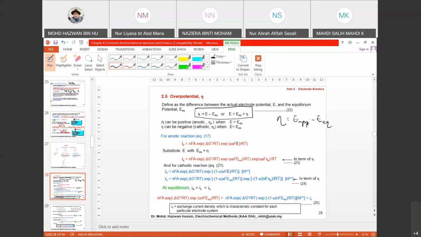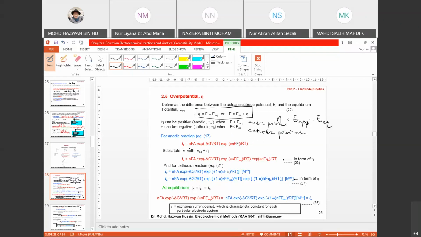So eta can be positive in the case of anodic polarization, when applied potential is bigger than equilibrium potential. And eta can be negative when applied potential is smaller as compared to equilibrium potential. This is in the case of cathodic polarization.